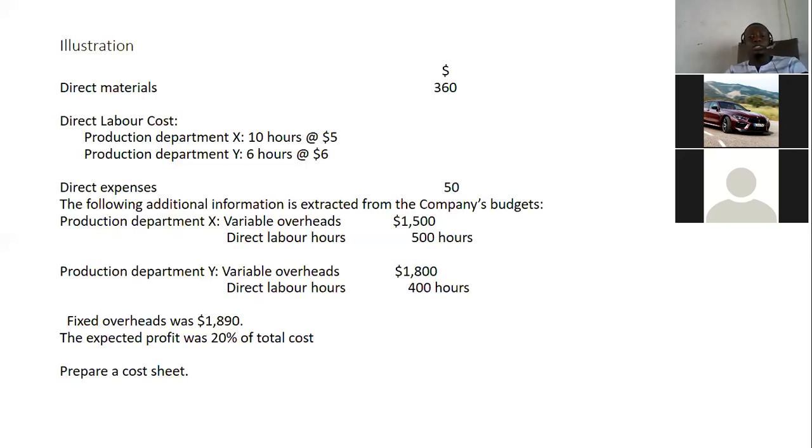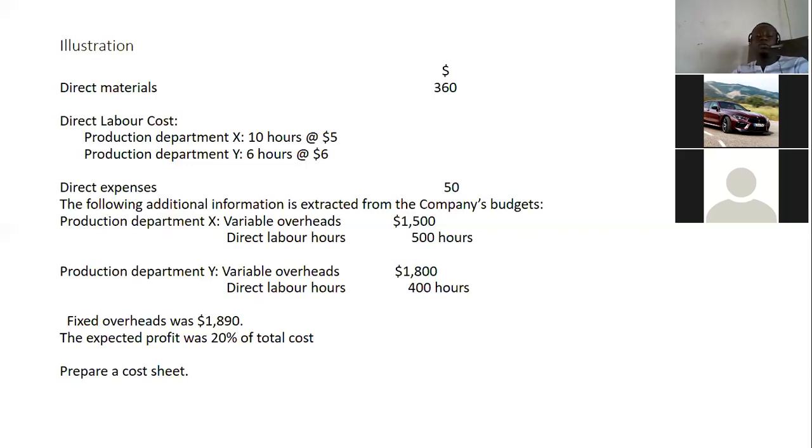The following additional information is extracted from the company's budget. Production department X, variable overheads $1,500, direct labor hours is 500 hours. Production department Y, our variable overhead is 1,800, and then direct labor hours is 400 hours.